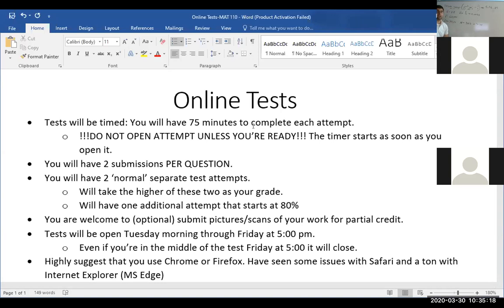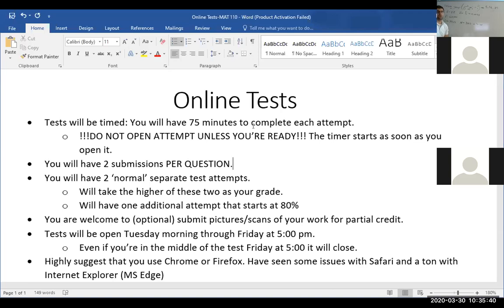So if you do well on the first one, if you get a 90 or something, and you're like, I don't care, that's great, I'm not going to worry about it, then you don't have to take the other one. I would suggest taking at least one of them, but again, you do not have to take both of them if you are happy with the grade you got on the first one.